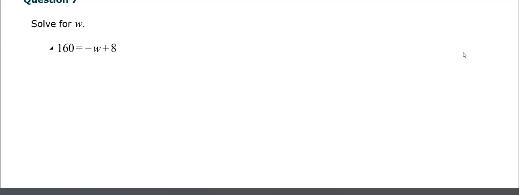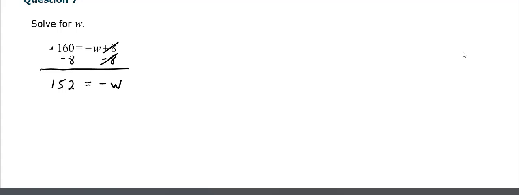So I need to eliminate the positive 8 on the right-hand side by taking its opposite. So I'm going to subtract 8 from both sides. On the left-hand side, I have 160 minus 8, which is 152, and that equals the opposite of w, because positive 8 and negative 8 are 0.